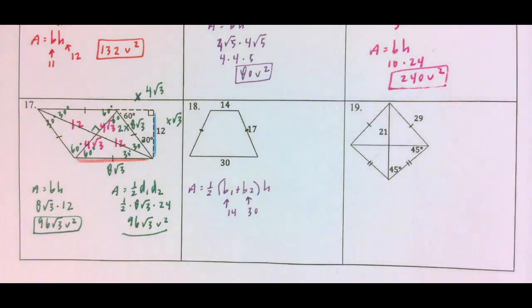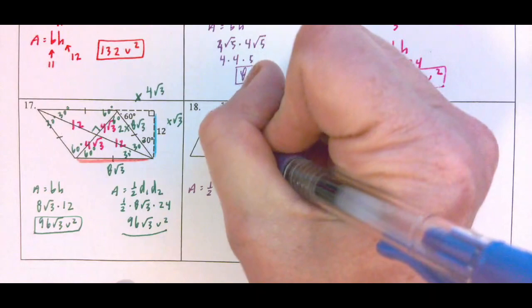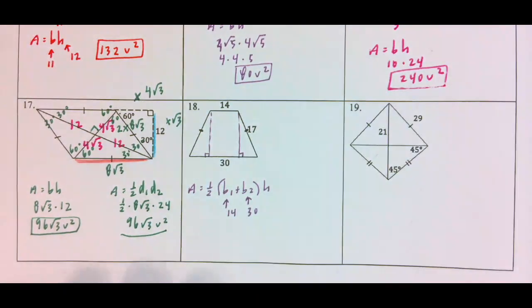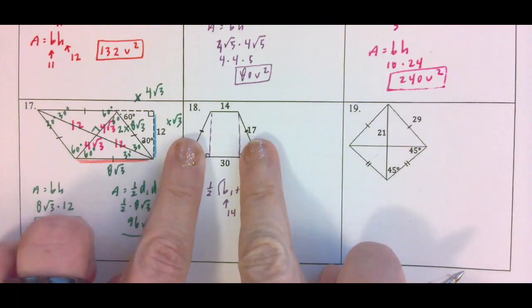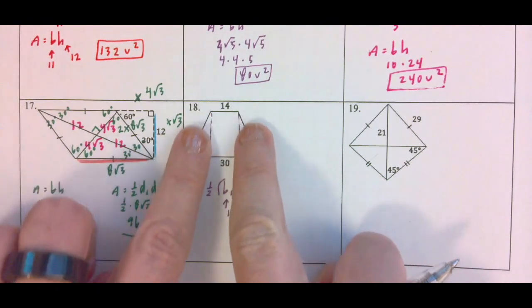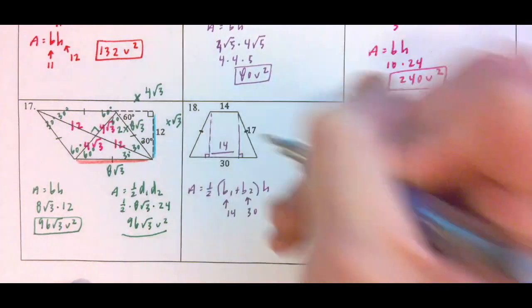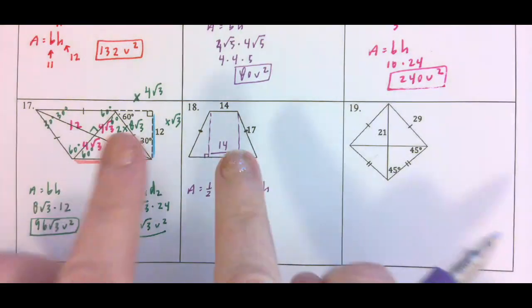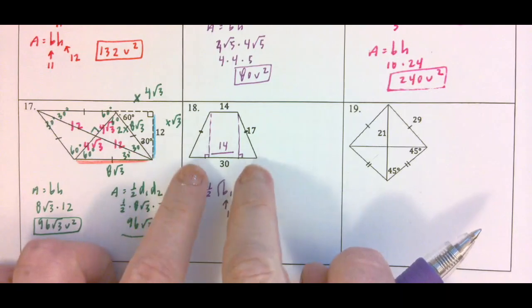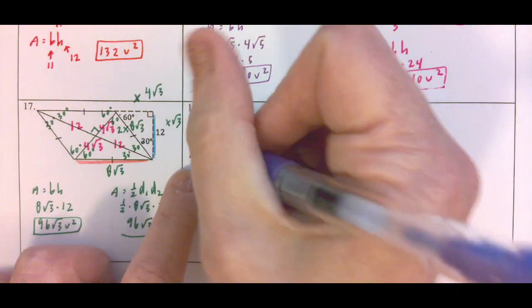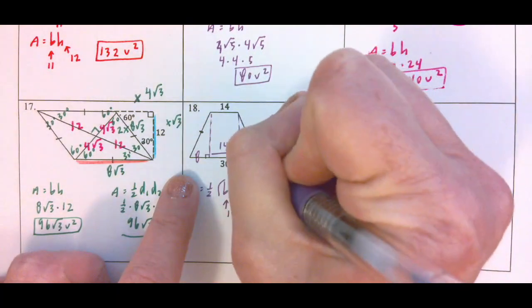Now when it's an isosceles trapezoid, if I draw in these 2 perpendicular segments, I really have 2 congruent right triangles here and here. So that 14 first slides down right here. And then if I think about what's left, 30 minus 14, I have 16 units that I need to split equally. So here I have 8 and here I have 8.